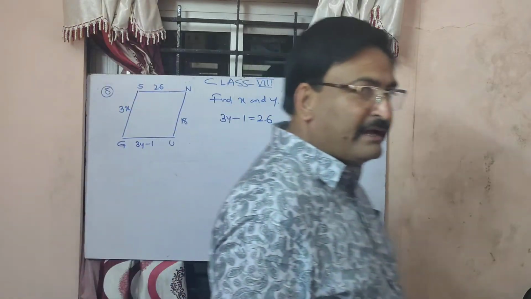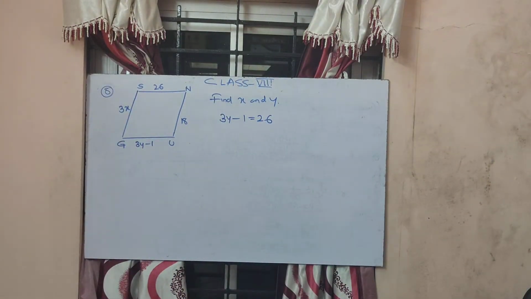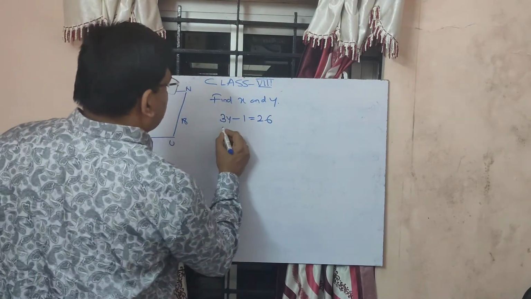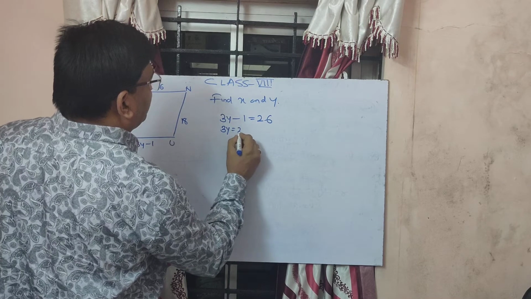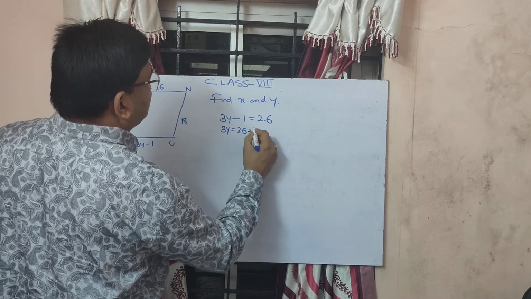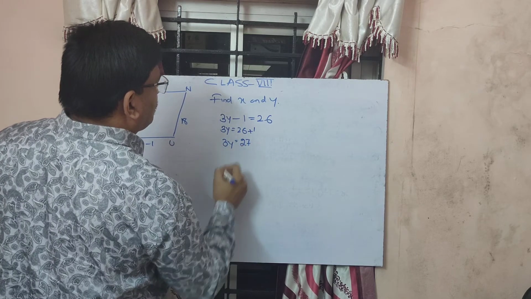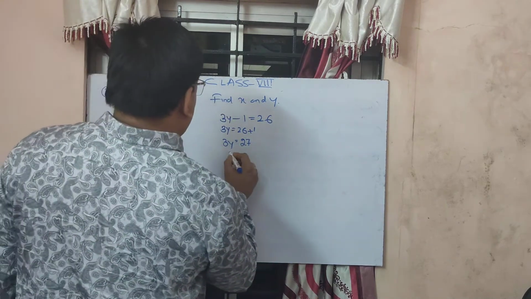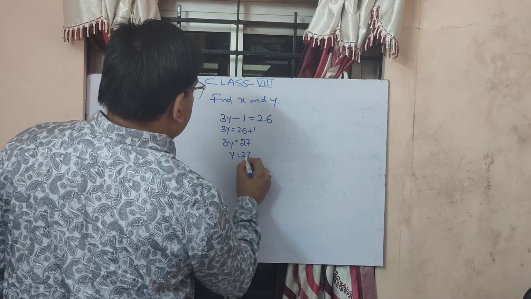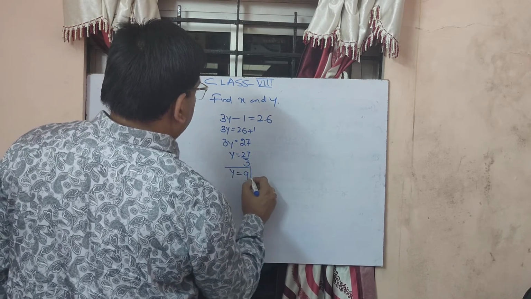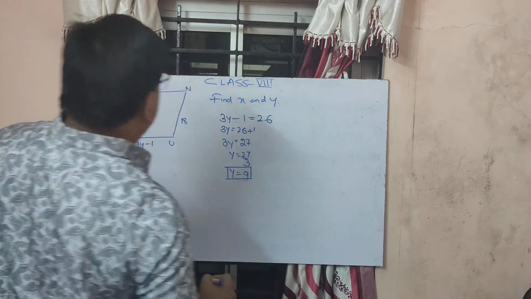So 3y is equal to 26 plus 1; just transfer this one to this side. It becomes 27. So 3y is equal to 27, and y is equal to 27 upon 3. So y is equal to 9.